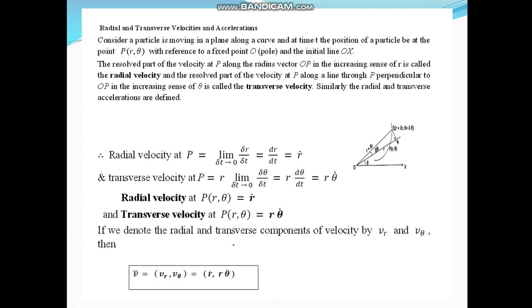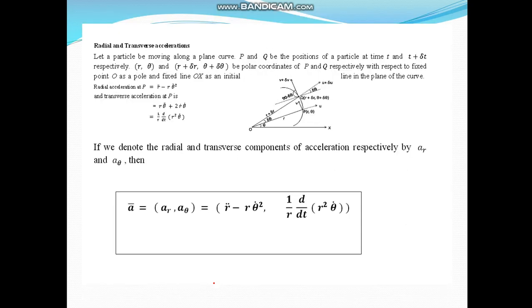So if we denote the radial and transverse components of velocity by Vr and V theta, we take two components of v, Vr and V theta, that is the radial component of velocity and the transverse component of velocity. So they are given by r dot and r theta dot. Then similarly for radial and transverse acceleration, exactly in the same way, there are two formulae.